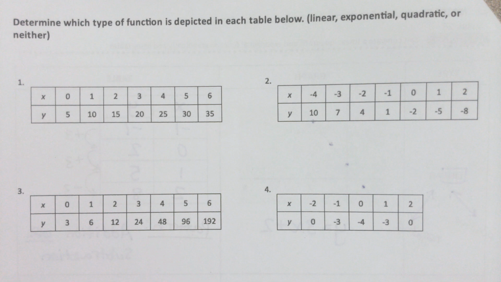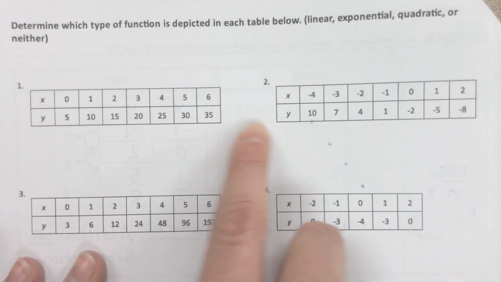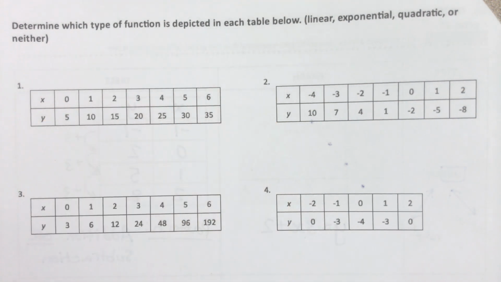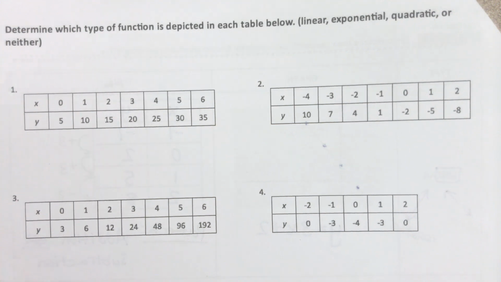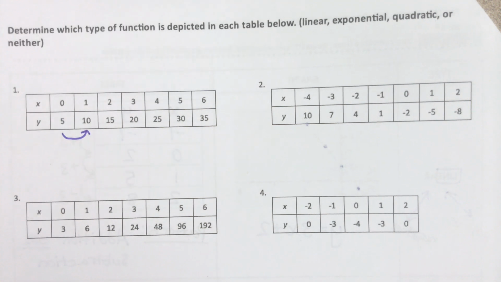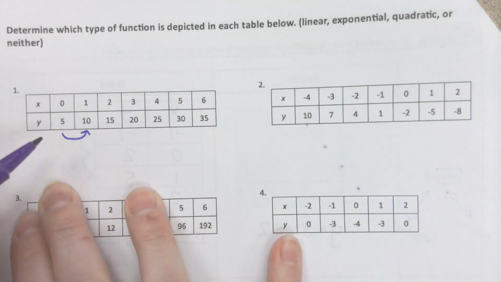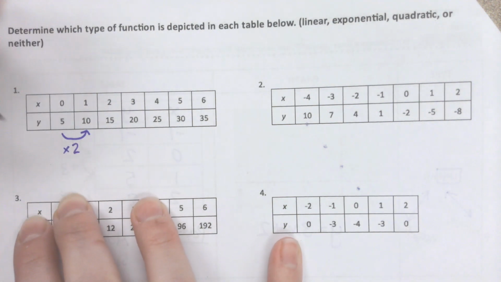And reminder, we're looking for this pattern among the y values. The x values go up by 1. You can clearly see that. So let's look at the y values and see what's happening here. 5 to 10. There are two possible patterns here at this first number. 5 times 2, that's 10.